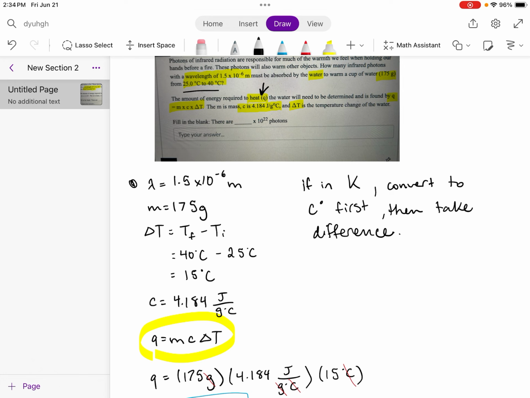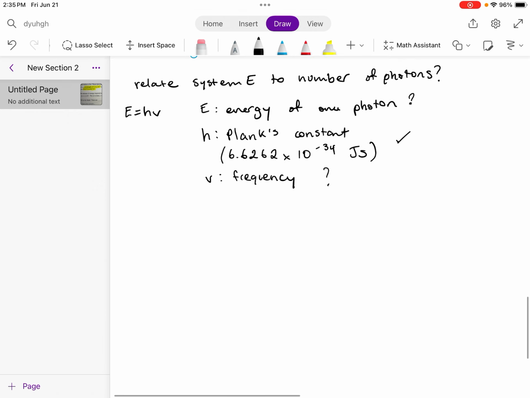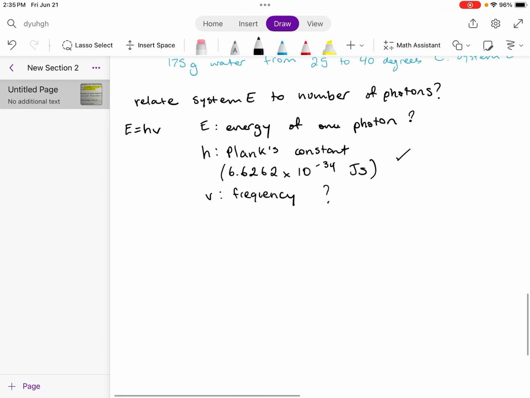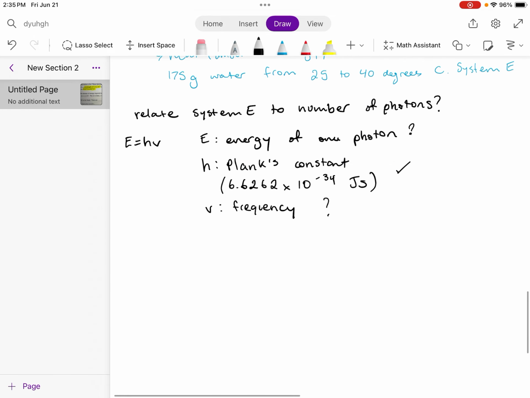That is related to frequency because each photon has a specific wavelength, and wavelength tells you information about frequency. So we can convert between frequency and wavelength super easily with the next equation I'm going to show you. So, what was our wavelength? 1.5 times 10 to the negative 6. Okay.